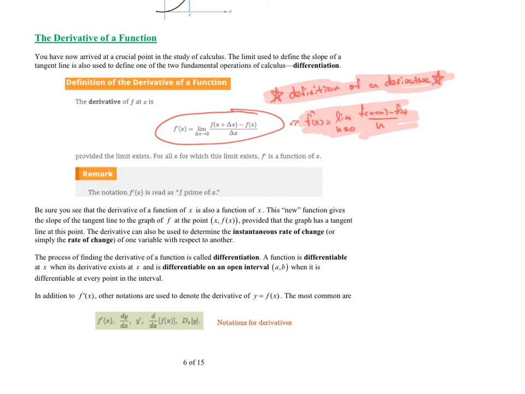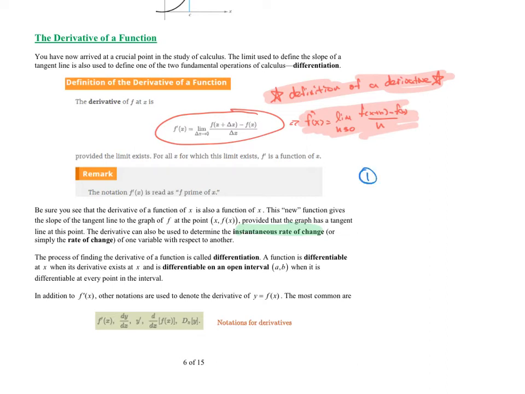Slope is just a rate of change between 2 points. So the rate of change at a single point would be called an instantaneous rate of change. Okay? And it says of the variable with respect to one another.